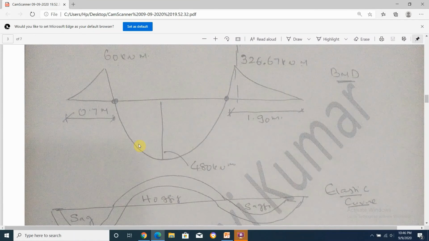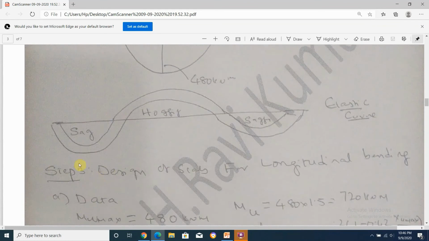Hence, after this, we have to know where we have to provide the steel reinforcement. Based on the bending moment diagram, the next analysis is to draw the elastic curve of the beam or the slab. Here you are seeing sagging bending moment, hogging bending moment, sagging. Hence I have written sagging, hogging and sagging.